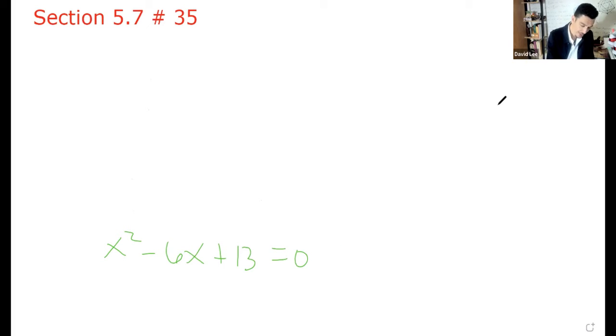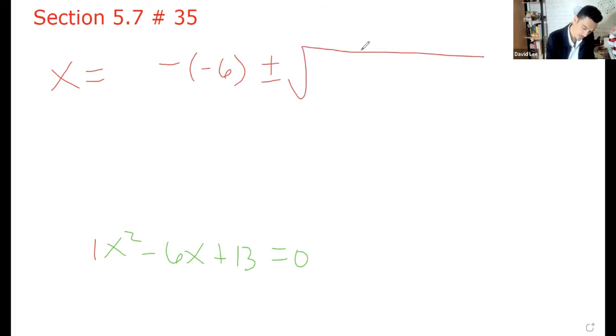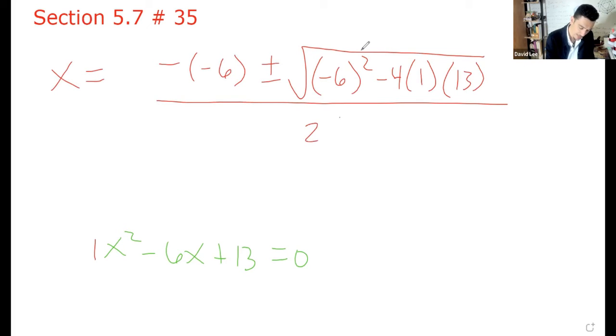So we can go quadratic formula with our values of a, b, and c, where of course 1 is the one in the front. So this would say that x is equal to the additive inverse of b plus or minus the square root of the square of b minus this product here, all of this sitting above 2a.